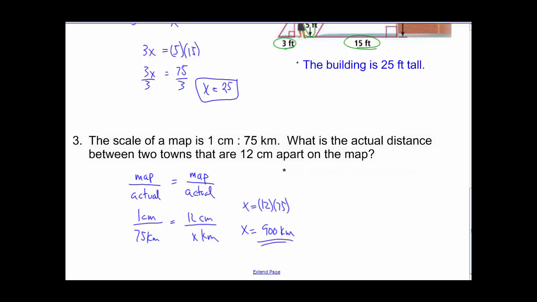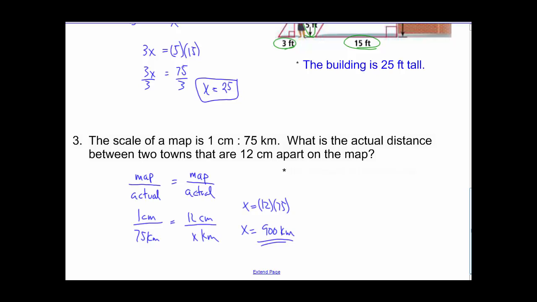Welcome back. Just setting it up so we know we're taking a scale of a map and we're trying to find the actual distance using the map to see how far apart two towns are. So if we said the map over the actual distance, we know 1 centimeter on the map is really equal to 75 kilometers. That should be equal to, when we measure the two towns on the map, the actual distance between the two towns.